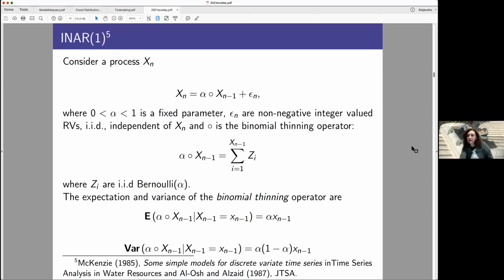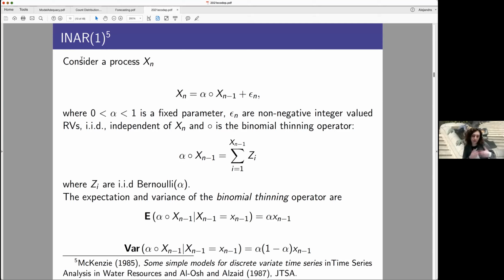And based on that, we will define the INAR(1) model, integer autoregressive model of order 1, still with only one lag in the past and no linear combination of innovations.